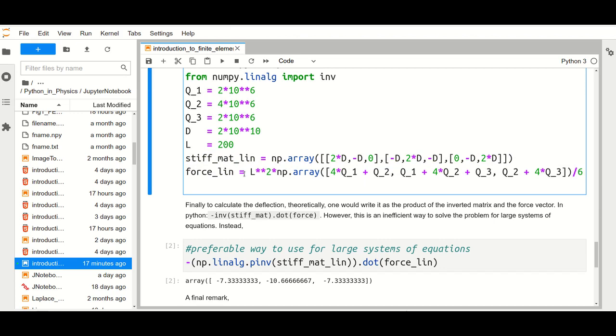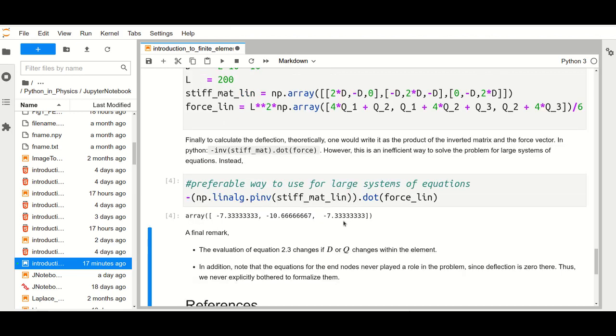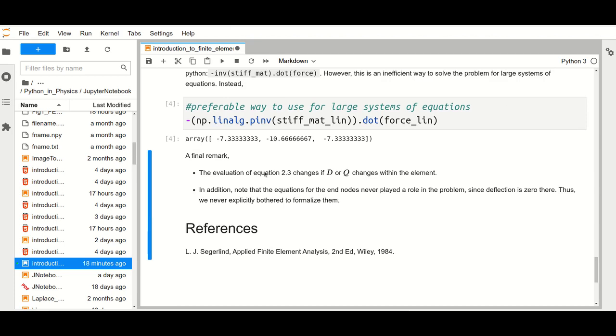And so we just need to instantiate these code cells by pressing Shift Enter. Two remarks: the evaluation of the weighted residual integral equation changes whenever d or q change within the element.